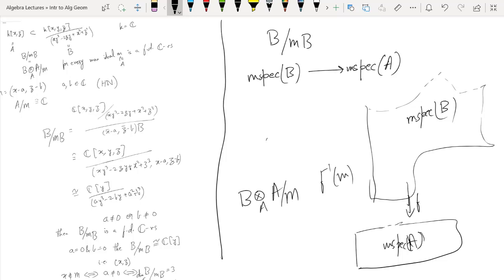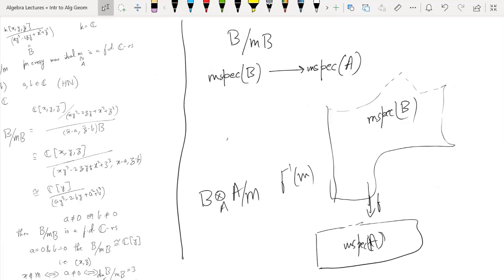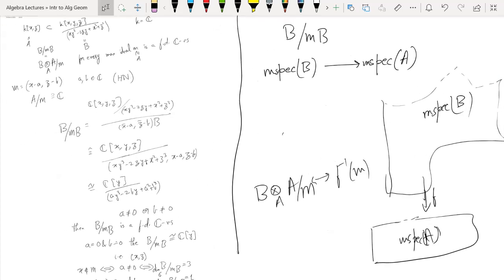So you look at F inverse of M, and you'll get some subset of M spec B. So B tensor over A of A mod M is in some sense the ring corresponding to this algebraic subset F inverse of M. If you work with what are called schemes, then this is precisely the statement.